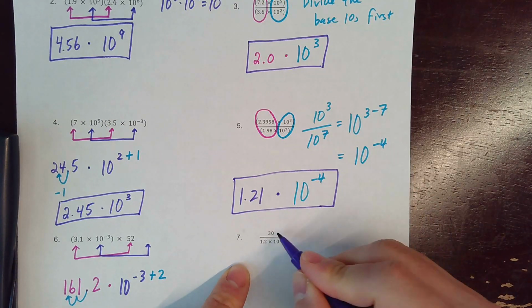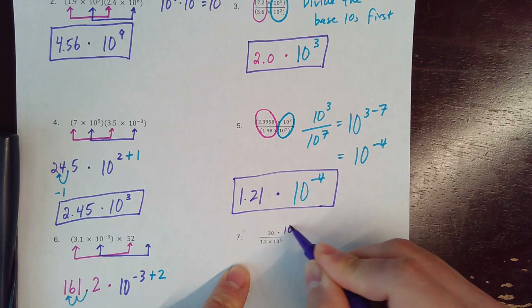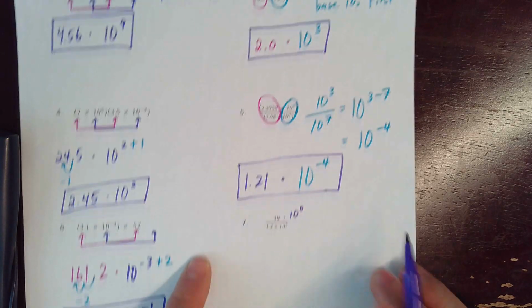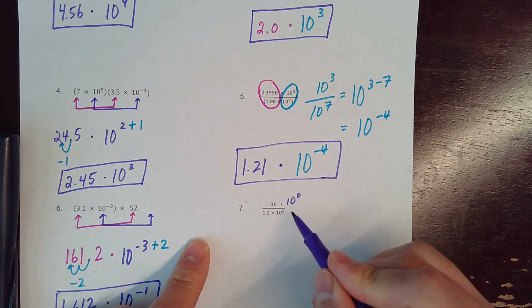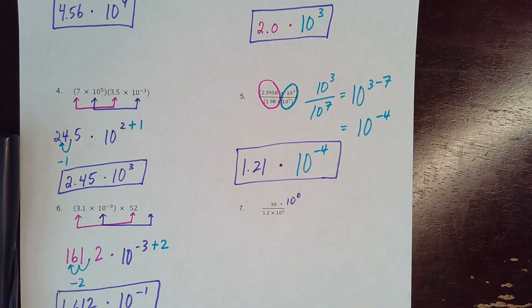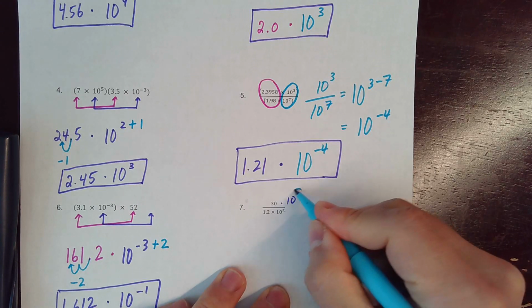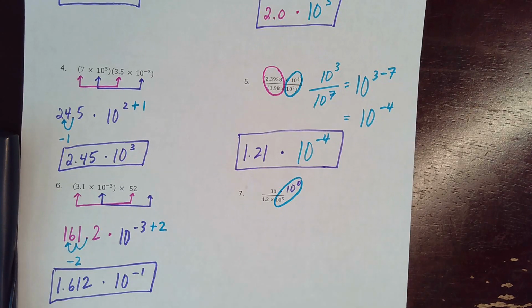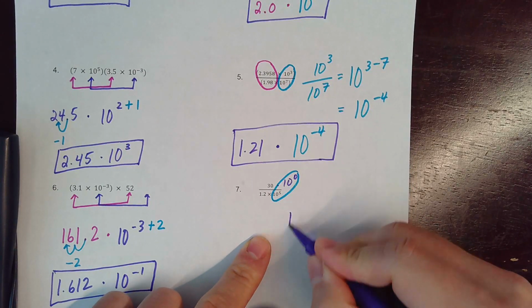Okay. Number 7, interesting. Again, you could really write 30 times 10 to the 0 if you want, because you know that 10 to the 0 is just 1. So now I'm going to calculate the ratio of 10 to the 0 divided by 10 to the 5th. And that's going to give me 10 to the negative 5.